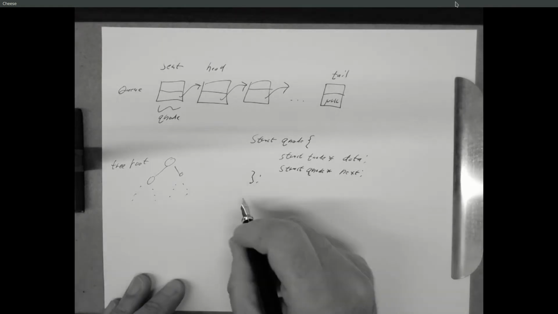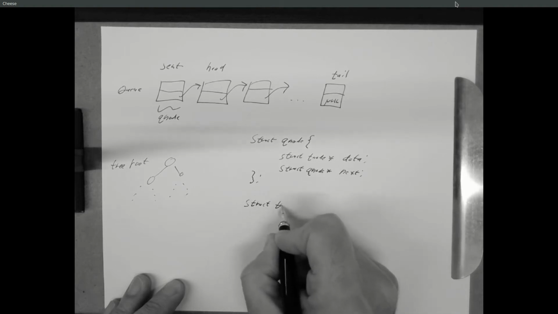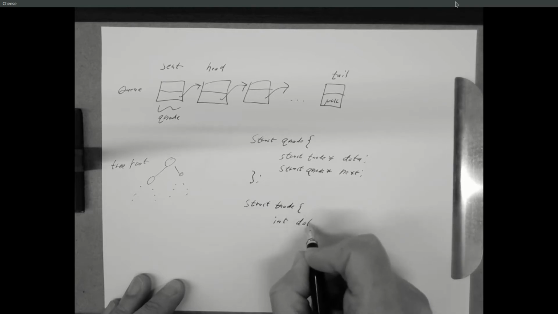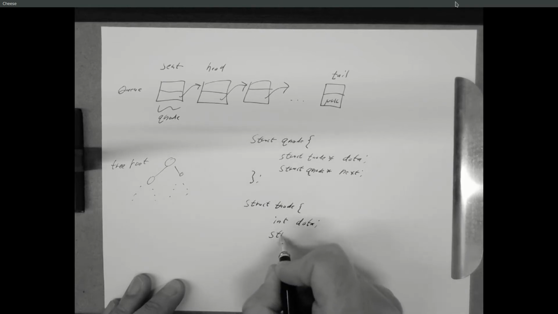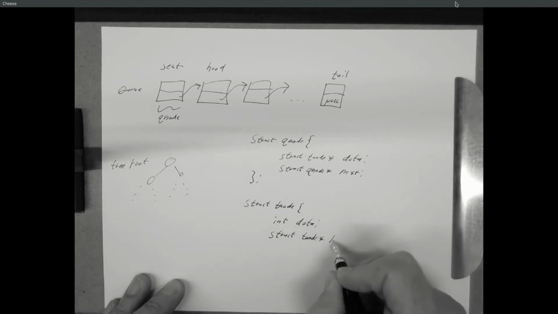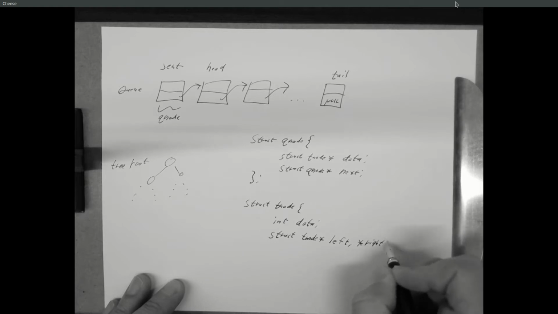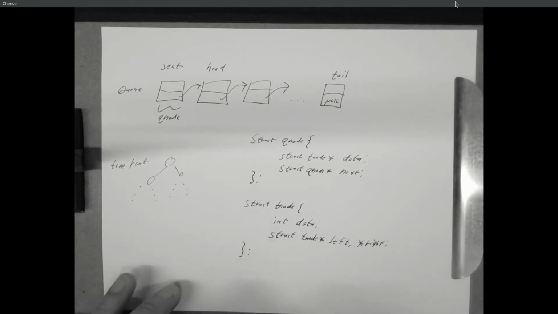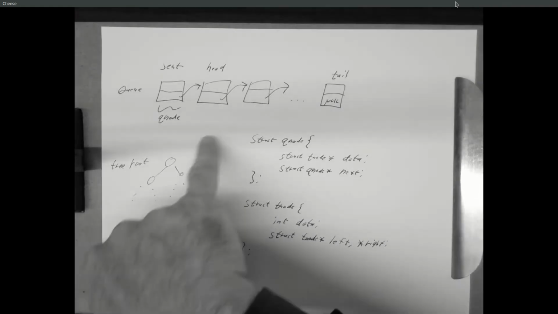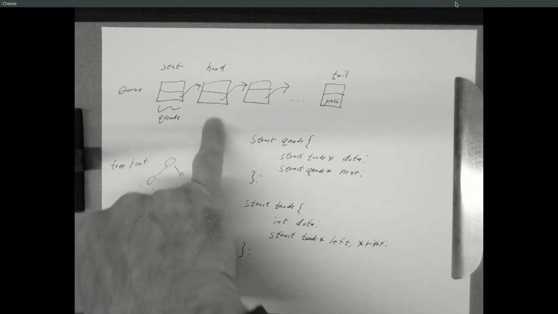And our tree is comprised of struct tnodes, which has an integer piece of data, and then struct tnode pointers, which we call left and right. So our sentinel points to the first node of our list, which is considered the head of the queue.